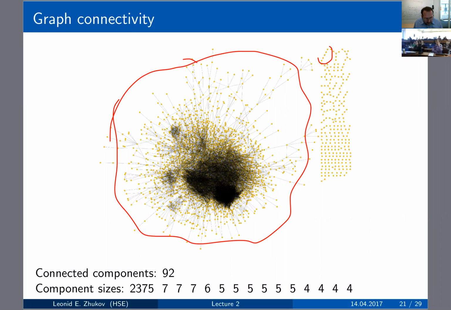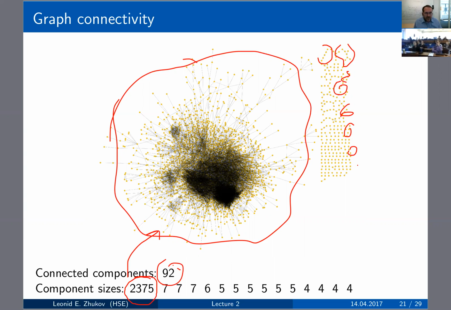And these are smaller components. There are still nodes connected, but they're small. Notice that there are actually 92 connected components in this graph. So there are 92 pieces. And in the component sizes, this one significantly dominates everything else.